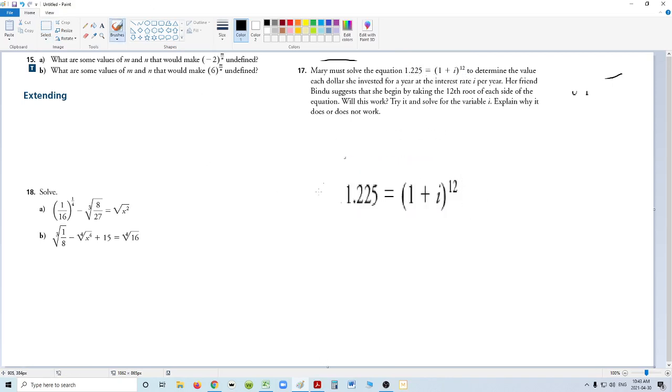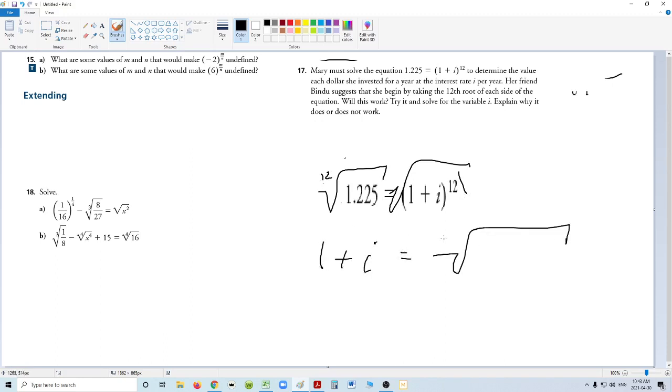If you take a 12th root of both sides, you're resolving this. So you get 1 plus i is equal to the 12th root of 1.225. And then i is equal to that minus 1.